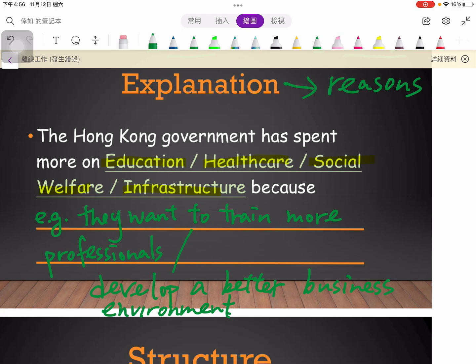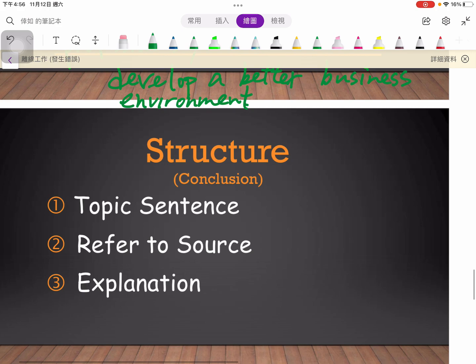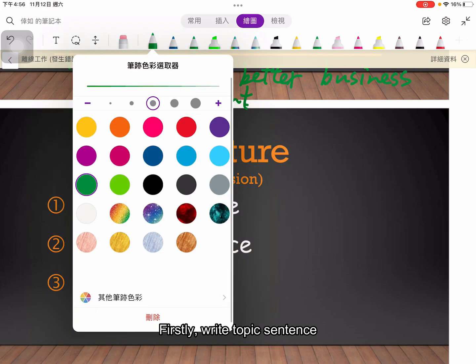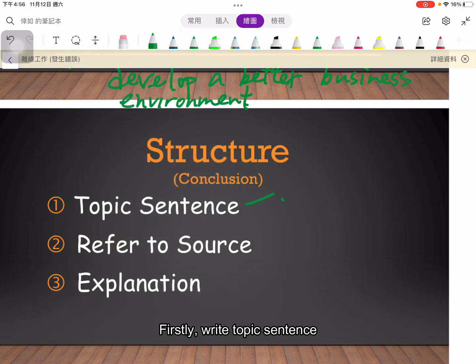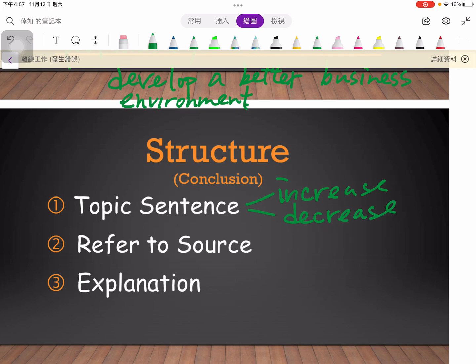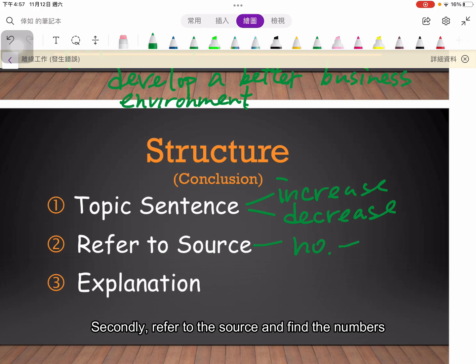Okay, so let's consolidate what you have learned today. The first thing, you have to write the topic sentence. That means increase or decrease, from the graph. Also, you have to refer to the sources. That means you have to read the numbers carefully by using two ways.